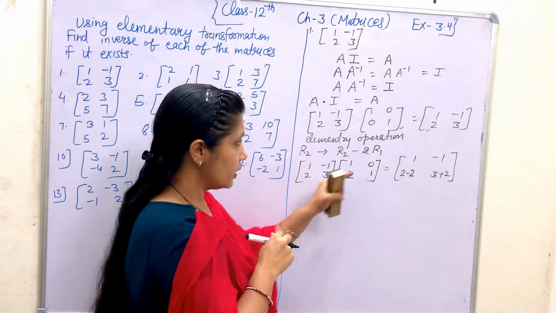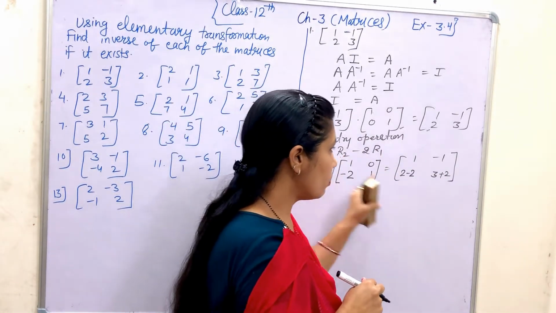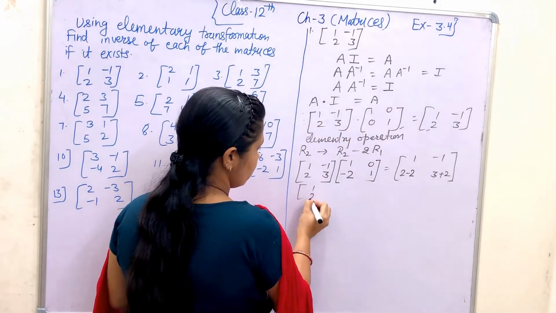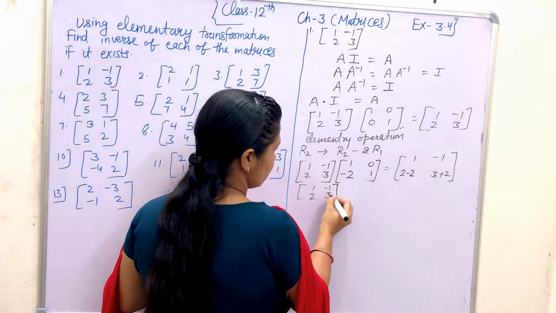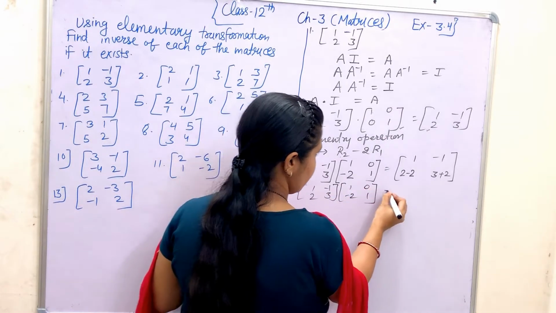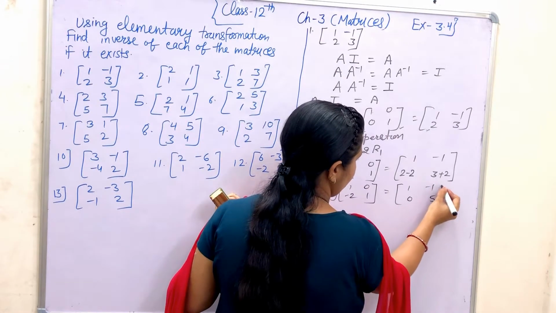Because we write here, we multiply R1 by 2 and then minus it from R2. So we get this matrix 1 2 minus 1 3, 1 minus 2 0 1. Here 1 minus 1 0 5.